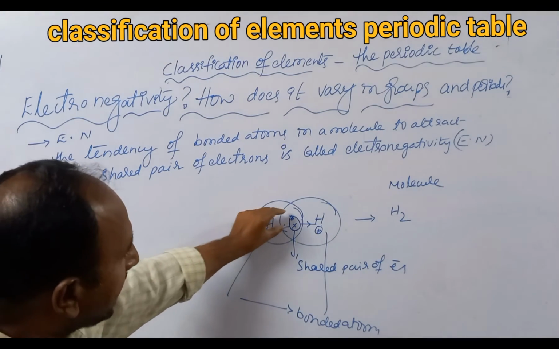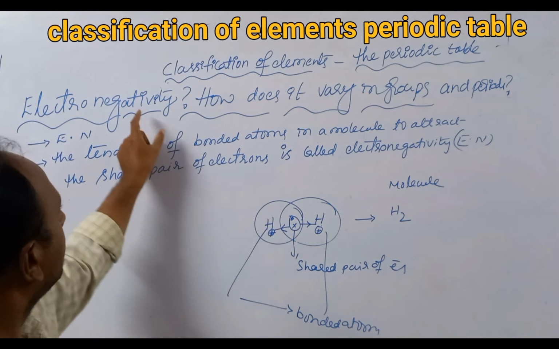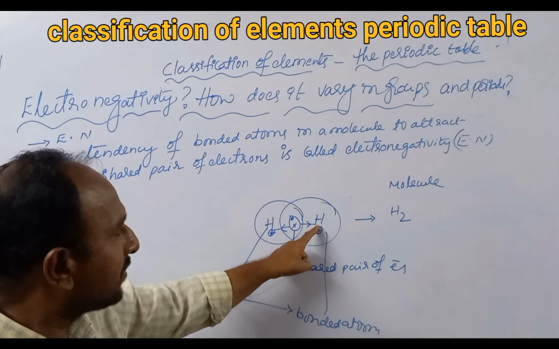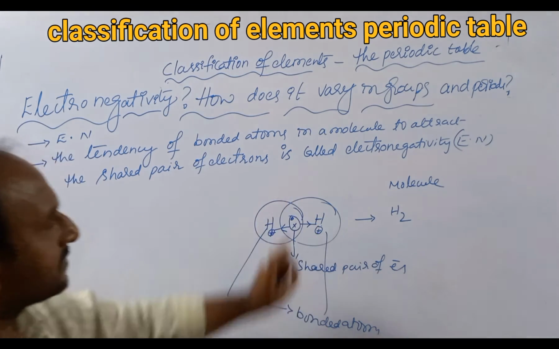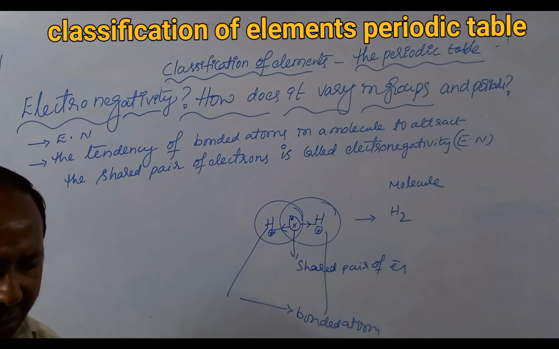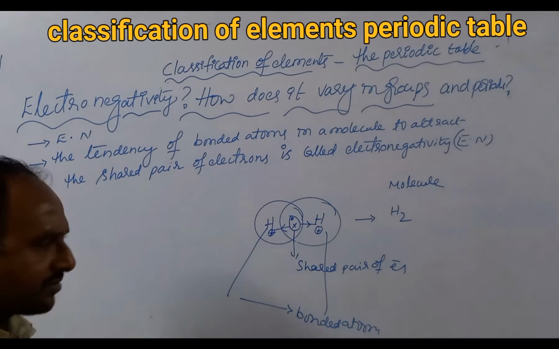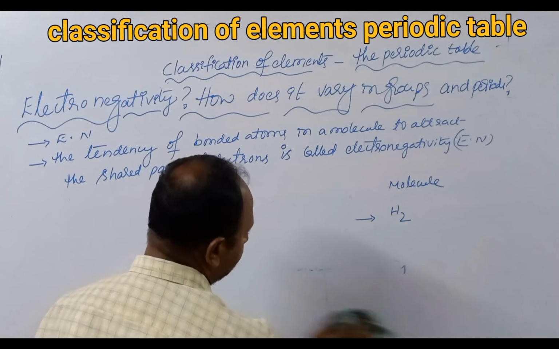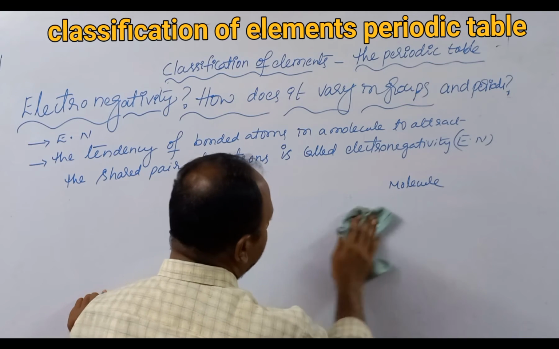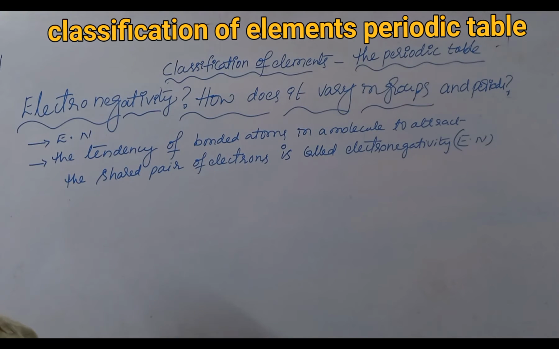This bonded atom also can attract the pair of electrons towards itself, and that is also electronegativity. More simply, electronegativity is related to the attraction of the nucleus over the electron.